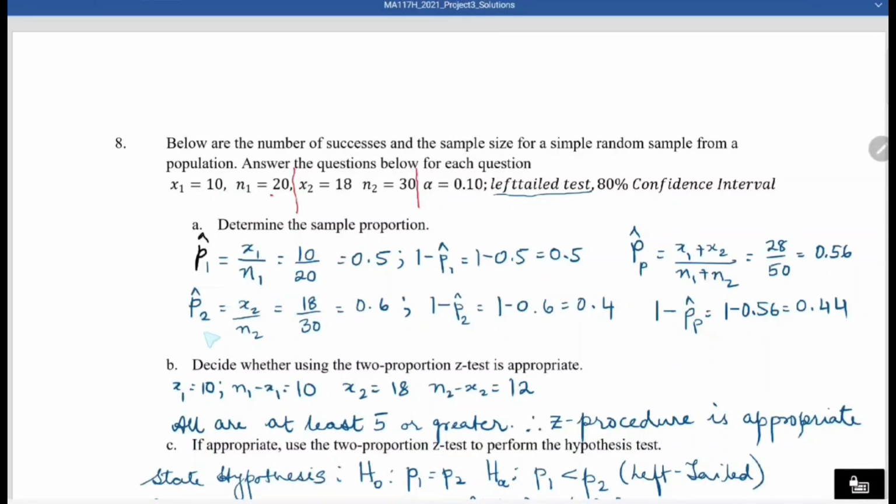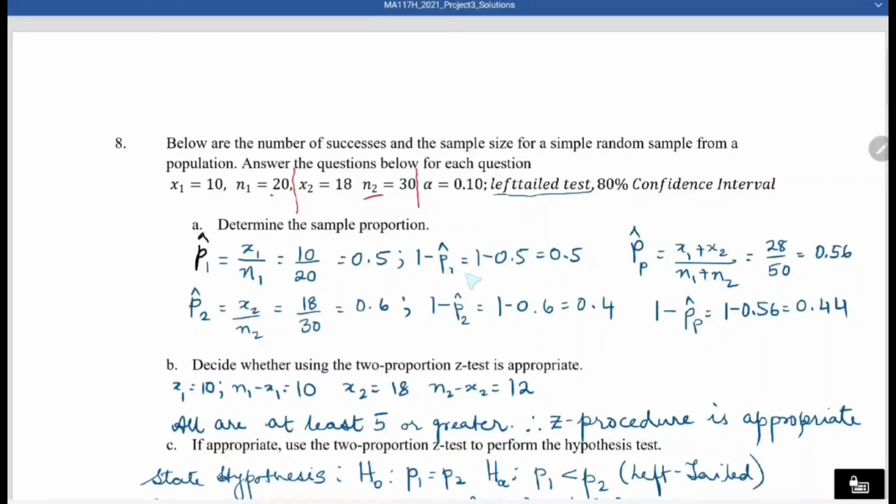And for p hat sub 2, it would be x sub 2 divided by n sub 2. It's a very simple formula. You should not have to look up a formula sheet to find the formula for proportions. All right, x divided by n. So we got 0.5 for proportion 1 and 0.6 for proportion 2.